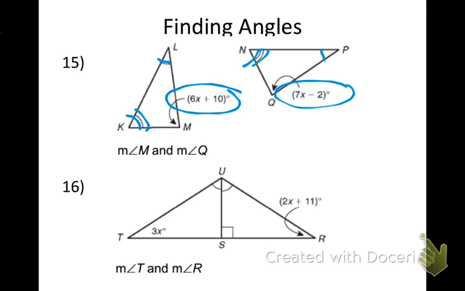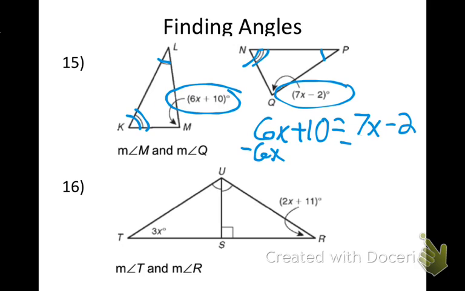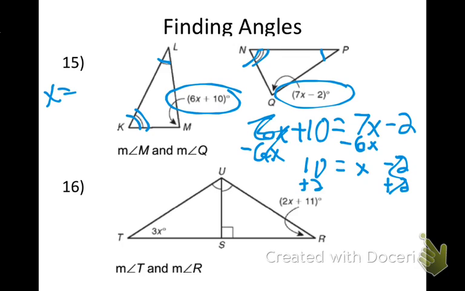So what am I going to do with that 6x plus 10 and that 7x minus 2? I'm going to set them equal to each other. 6x plus 10 equals 7x minus 2. And from here I solve for x. So subtract 6x. 10 equals x minus 2. Add 2. And I get x to come out and be what, Caitlin? 12.